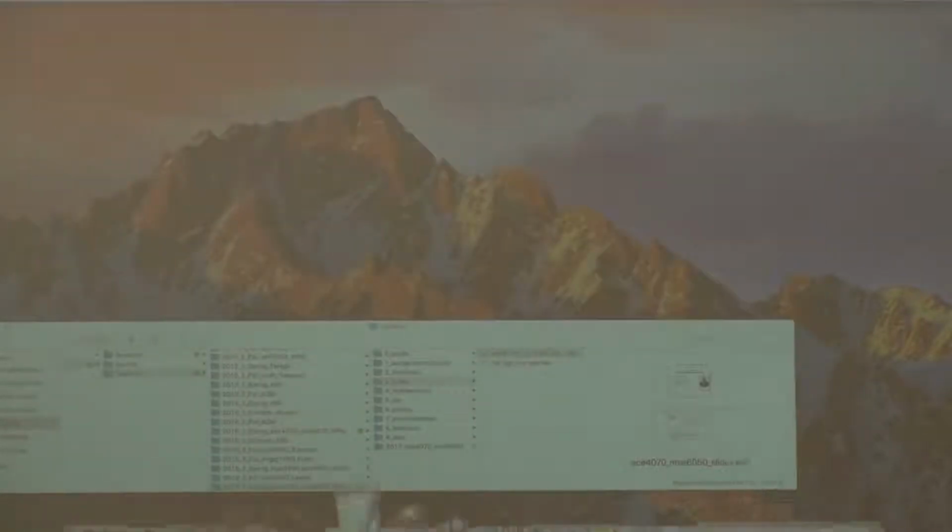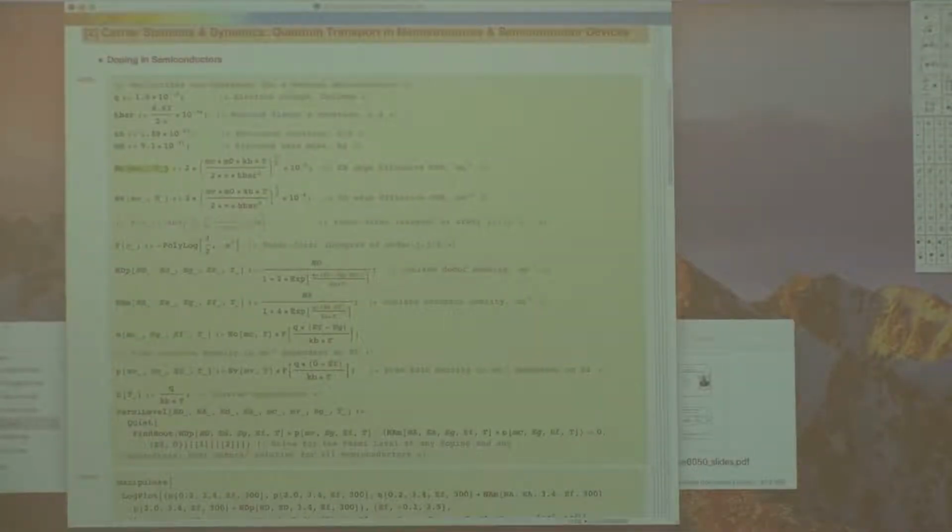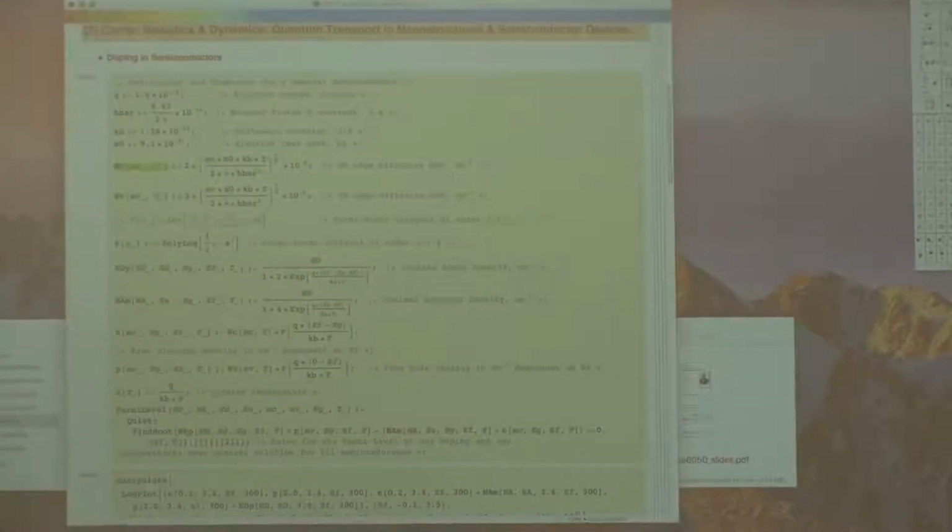This is your assignment problem number 1 currently, where you are given a situation where you have both N and P type doping, but the activation energies are not quite the same.